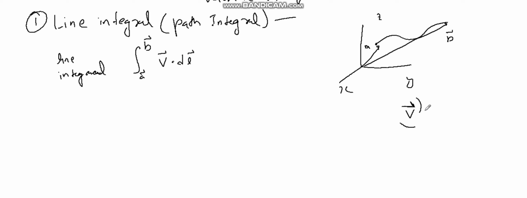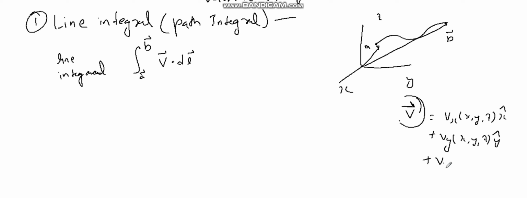So this v is a vector field that is spread in this space. It may be vx, a function of x, y and z, along x cap, plus vy(x, y, z) along y cap, plus vz(x, y, z) along z cap. If we draw it, it may look like this.